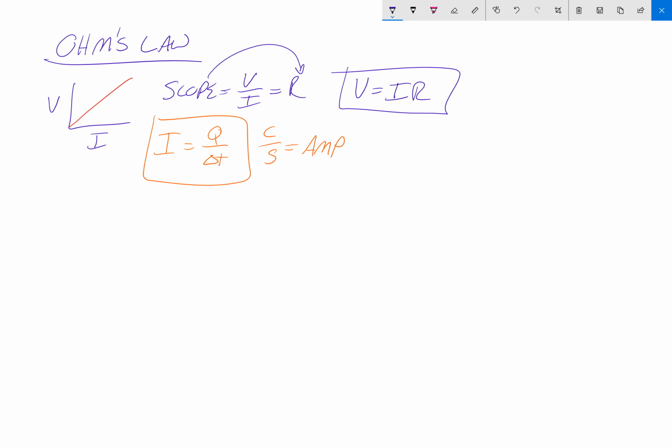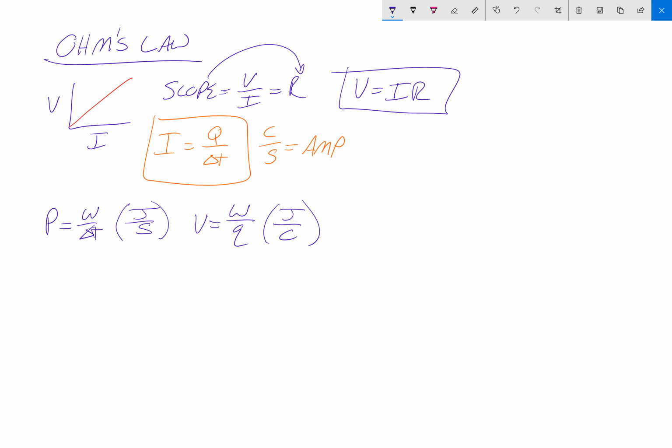Now, in the past, we've done that power is work divided by time, and the units for this would be joules per second. From our previous topic on electric fields, we know that voltage is equal to work over charge, which is measured in joules per coulomb.